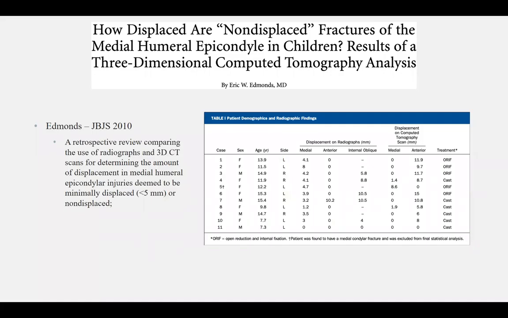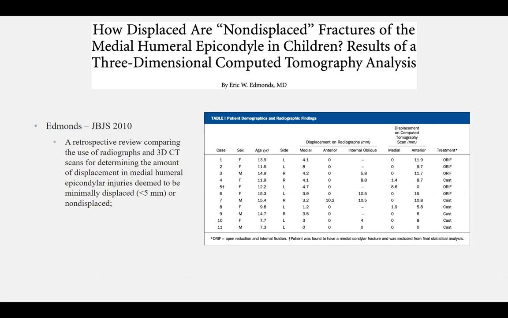There is much controversy in using radiographs to accurately measure medial humeral epicondyle fragment displacement. As previously stated, the medial epicondyle is located posterior and medial, and the fragment displaces medially and anteriorly. This study, conducted by Edmonds, aimed to evaluate our ability to discern and measure fracture displacement and to determine the most valid and reproducible imaging method for classifying these injuries.